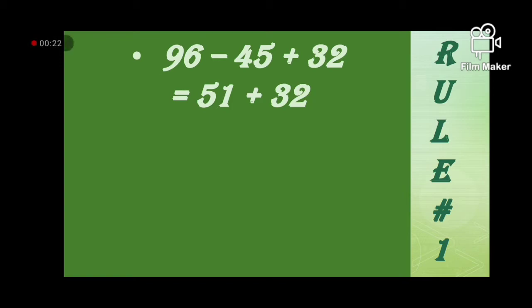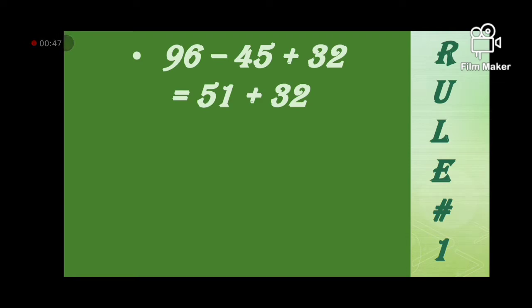The question is 96 minus 45 plus 32. In this example, according to rule number 1, we will start working from left and solve the operations in sequence.